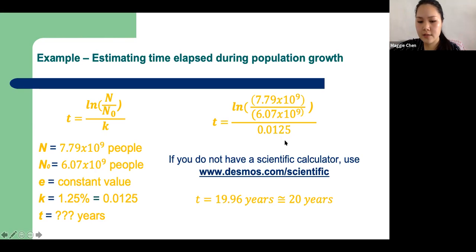When we plug that into our calculator, into either Desmos or whatever calculator that we have, our T is given as around 19.96 years. If we round up, that's around 20 years, which makes sense to us because if we're looking at the year 2030, the population then compared to 2010, that's our 20 years.